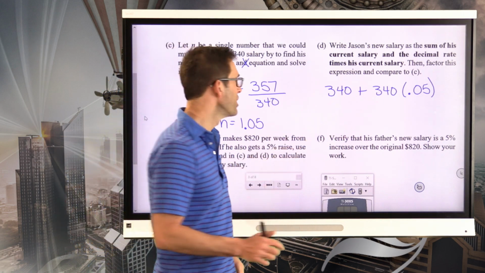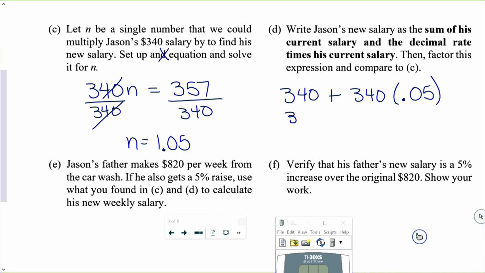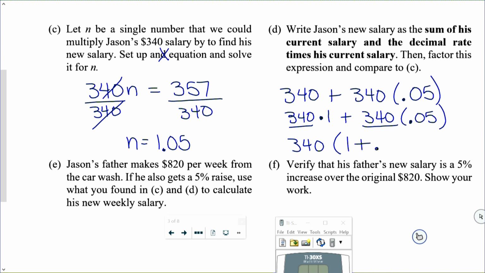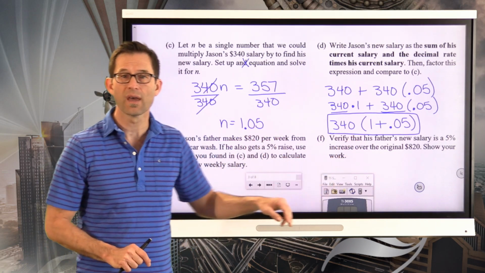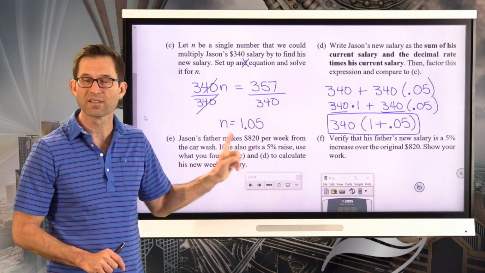So if I wanted to factor this, I could now think of this as 340 times 1 plus 340 times 0.05. We can now see 340 as a GCF that I can factor out, and it would be 340 times 1 plus 0.05. Now, the problem also asks us to compare this to C. Well, look, that's exactly what we got.